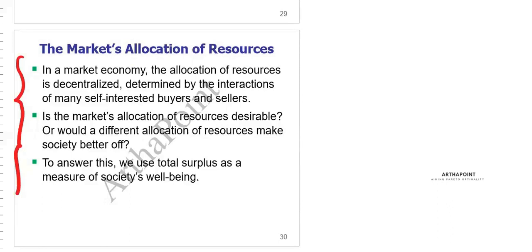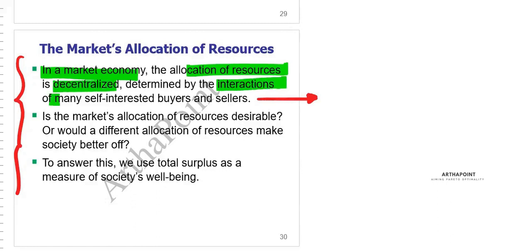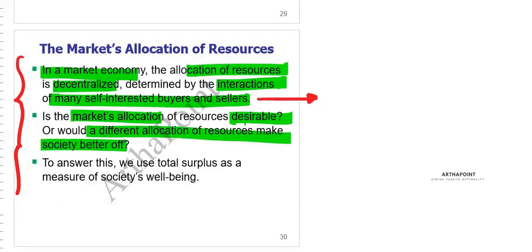The question is, how should this be guaranteed? In a market economy, the allocation of resources is decentralized; it is determined by the interaction of self-interested buyers and sellers. The question is, is the market's allocation desirable, or should we make another allocation?